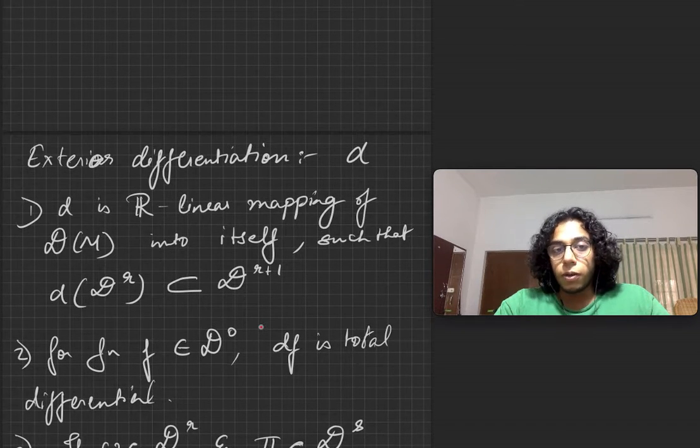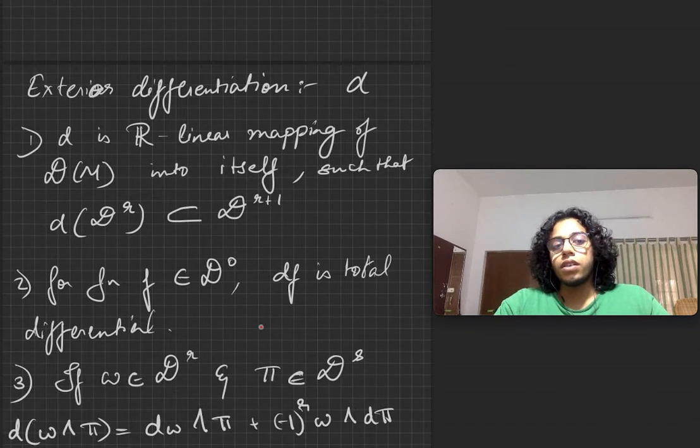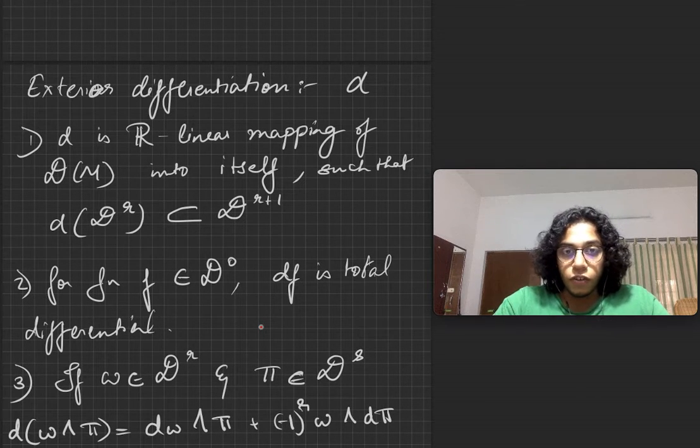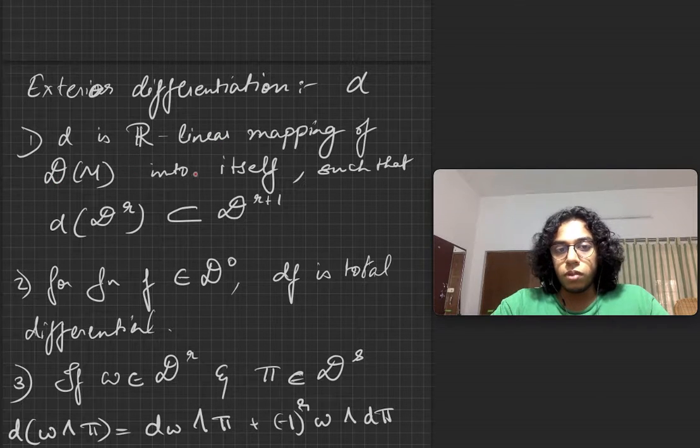Now talking about the properties of exterior differentiation, or the exterior derivative d. One, d is an R-linear mapping of D^m into itself such that d of D^r is a subset of D^(r+1).